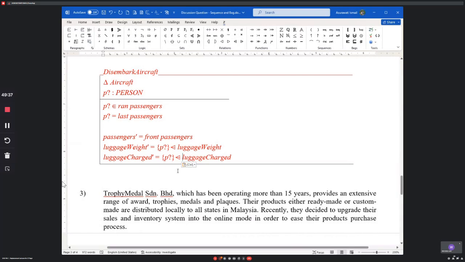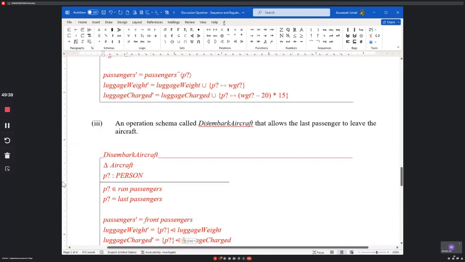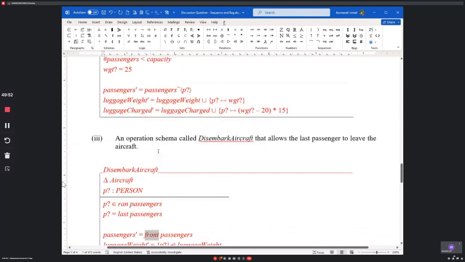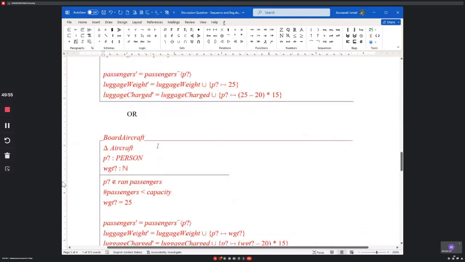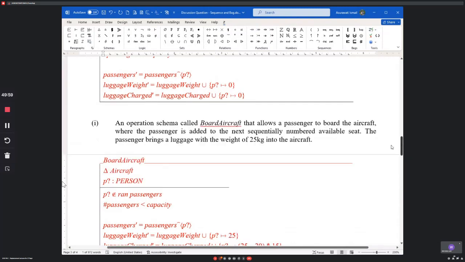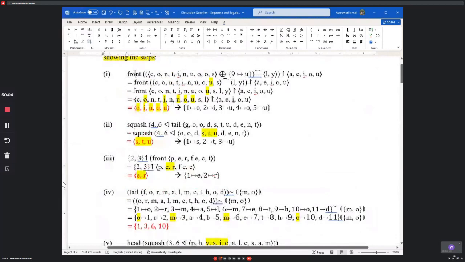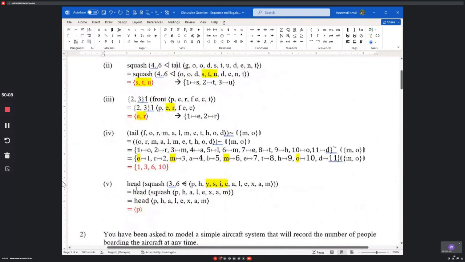In this case, if disembark, because our scenario is last in, first out, then normally we use last and front. If you go for the queue, first in, first out, normally you have head and tail. If you refer to your first question just now, you have front, you have tail, head, and so on.